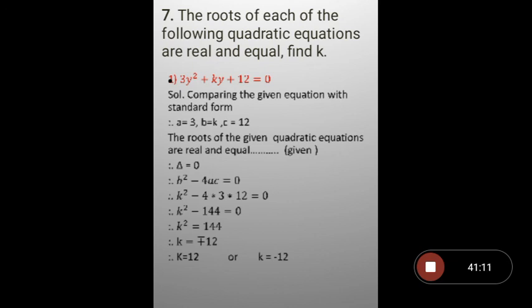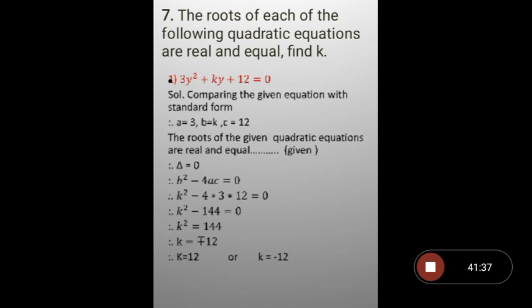Already they have given us that the roots of this equation are real and equal. So we can write delta is equal to 0. That means b square minus 4ac is equal to 0. Substituting the values of a, b, c, we get k square minus 4 into 3 into 12 is equal to 0. That means k square minus 144 is equal to 0.